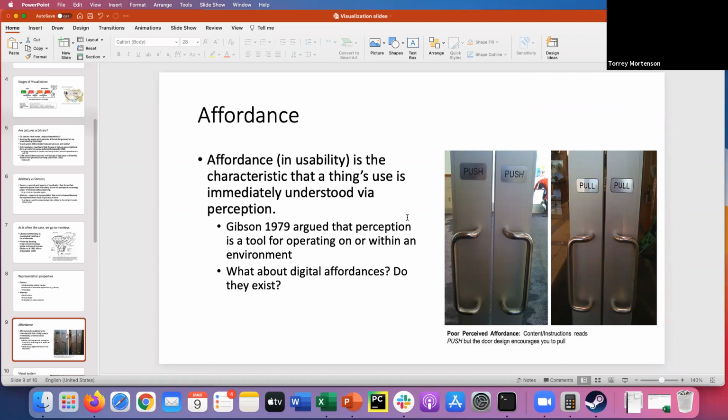So digital affordances are a weird thing. Do they exist? Can they exist? It's a weird question that so far seems to be kind of a no. We think that they might, but that's generally because of our use case.